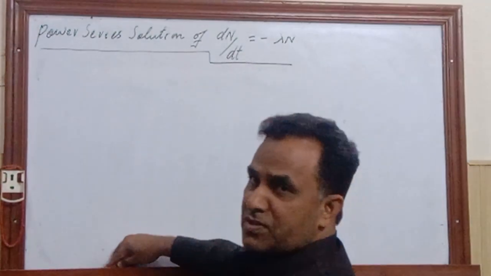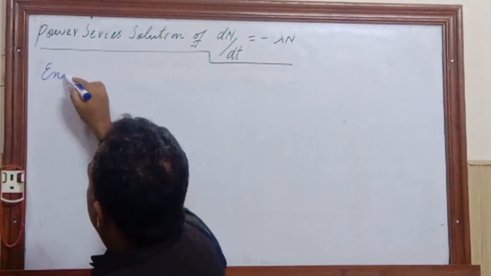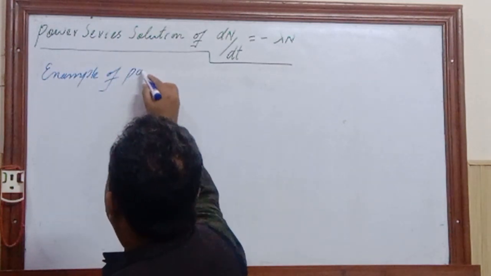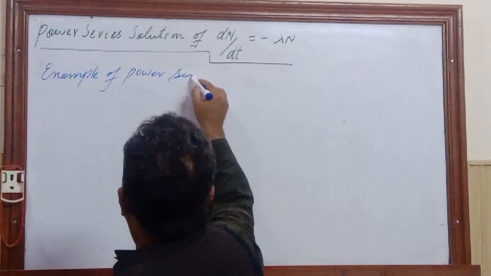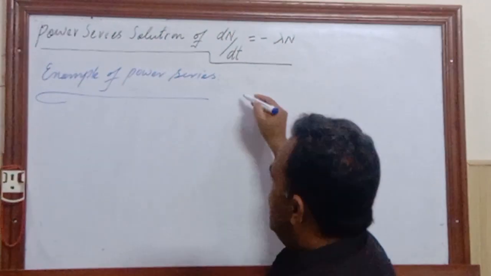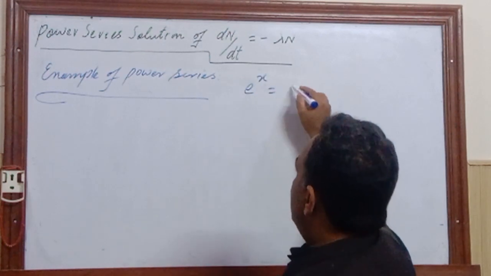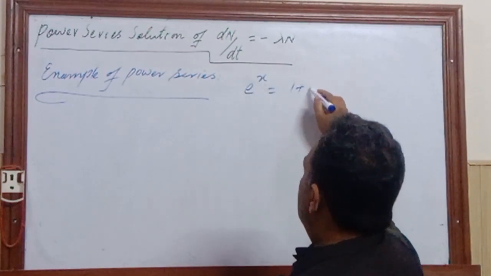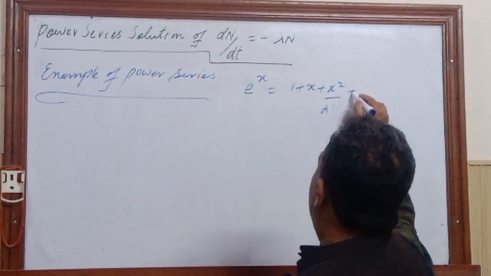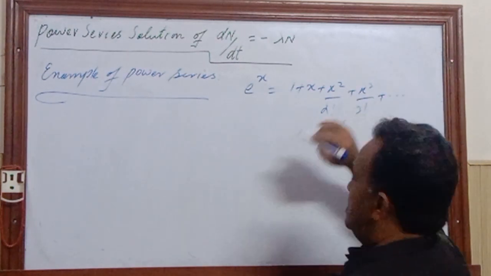For example, we know that the exponential function e to the power x can be expressed as 1 plus x plus x squared by 2 factorial plus x cubed by 3 factorial plus so on.